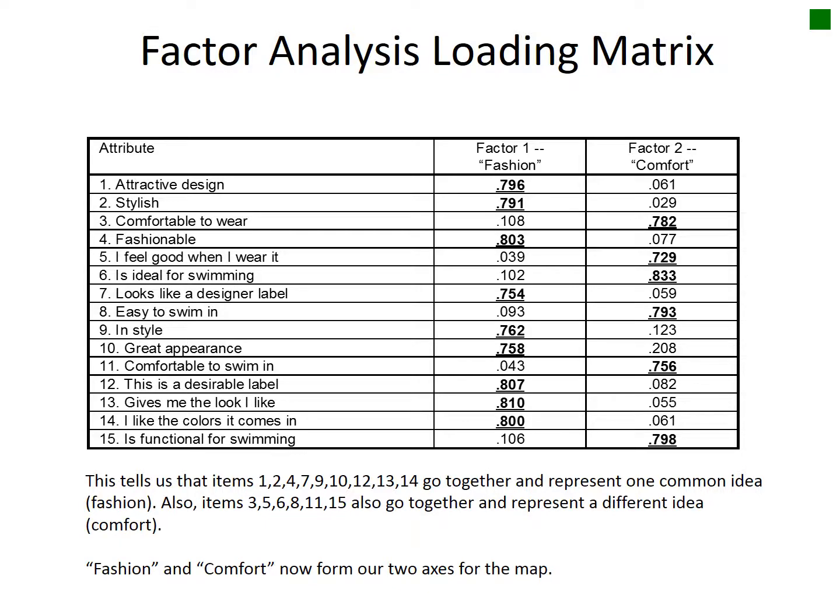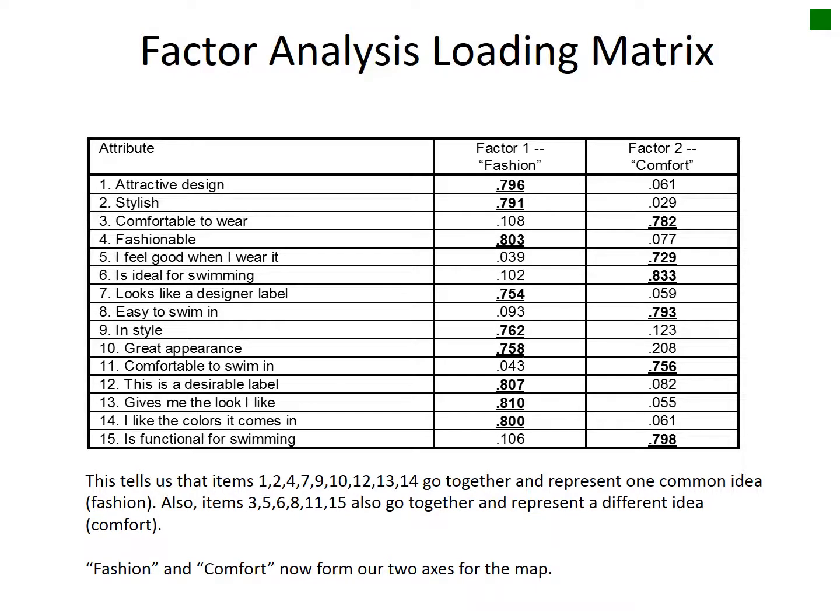And if we look at the factor loading for factor 2, comfort, attractive design scores very low, 0.061. So we're looking at the factor loadings and determining which questions go together with which factor.